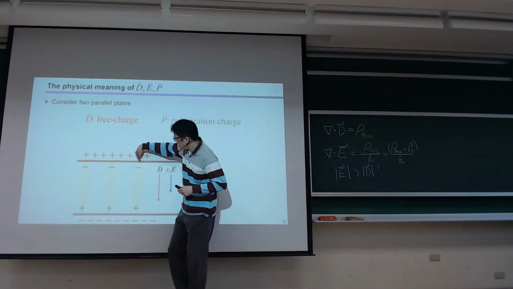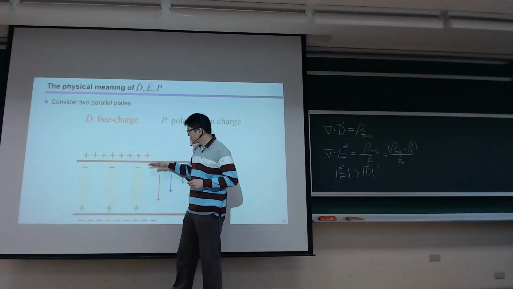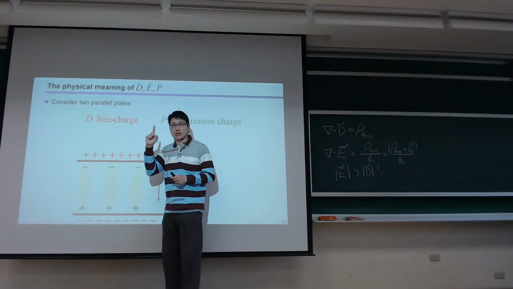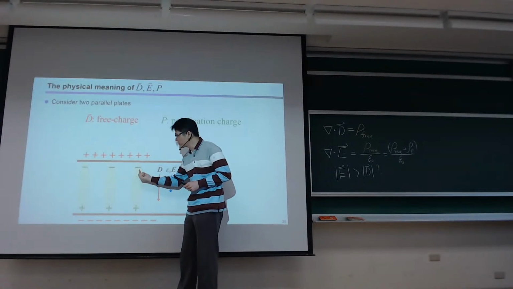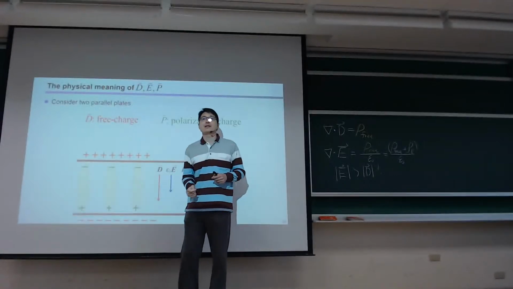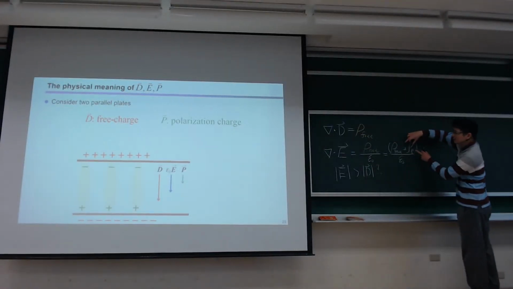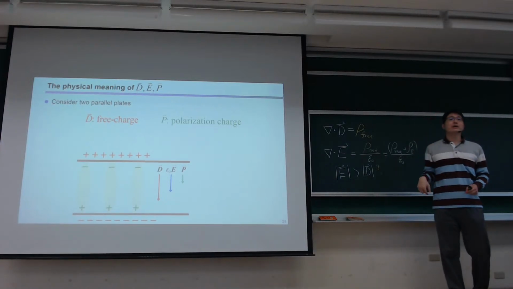So now we count the number of charges for this surface. Initially, I have 8 positive free charges, but now I have induced dipoles, so I have to subtract 3 negative charges. So basically, rho free plus rho p is reduced.